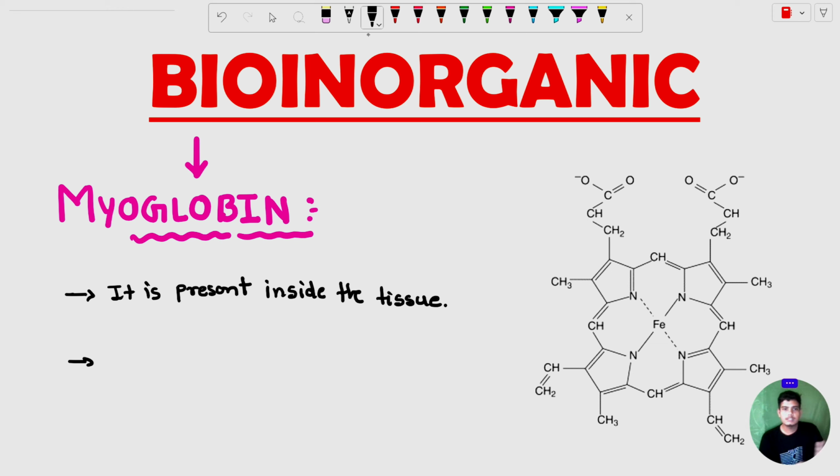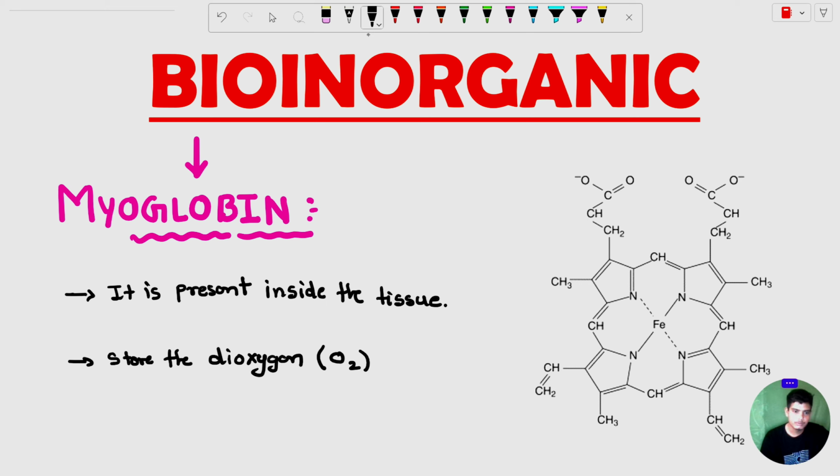The second point is, we already told that if myoglobin contains oxygen, by adding the oxygen into it, it is converted into the dioxygen form. It also stores the dioxygen, and dioxygen is represented as O2.